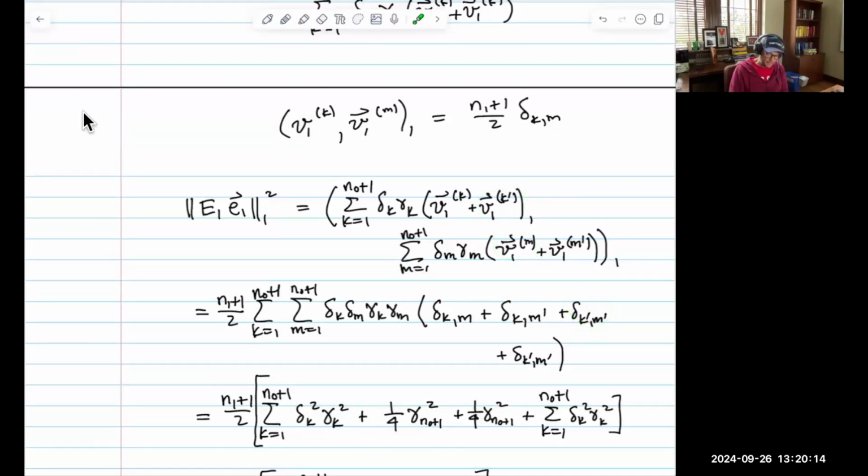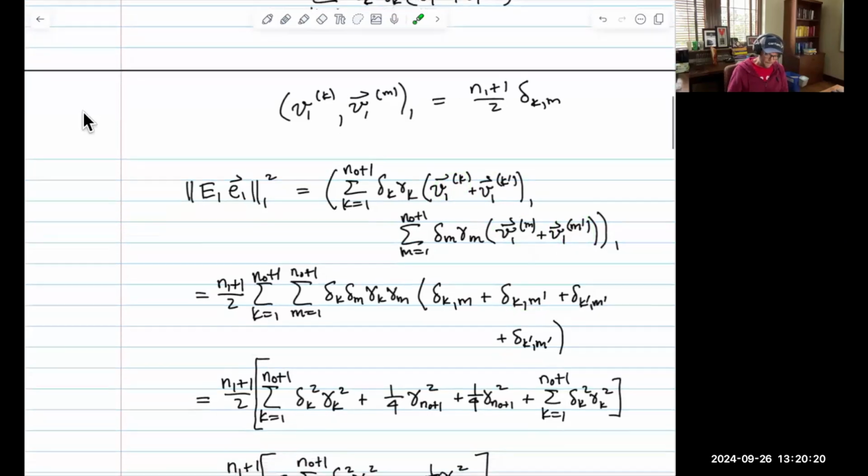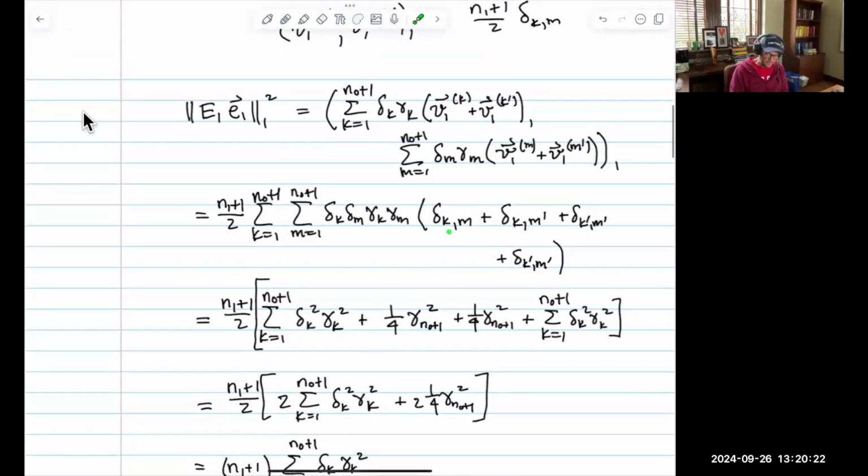And when I do this one and this one, that gives me a K M prime, that's that one. Those are the 4 Kronecker delta symbols I get by doing that multiplication. Now I make a realization. I'm counting in the low frequency range, so let's write this out. It makes life easy if I just do K, K prime, M, M prime.